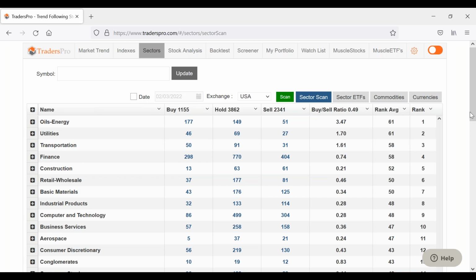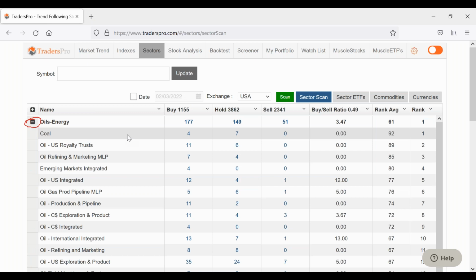So here you can see it has all the different sectors, larger sectors right here. You have oil, utility, transportation, finance, construction, retail. For those of you that are new, you might not be aware of this, but you can click on this little plus sign, and it'll break down subsectors within those larger sectors.